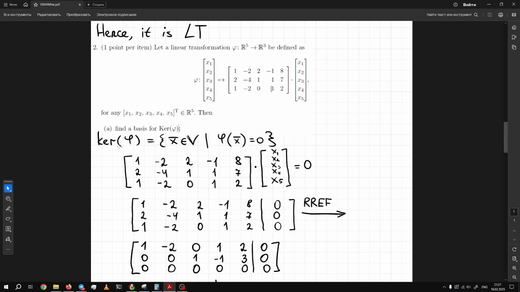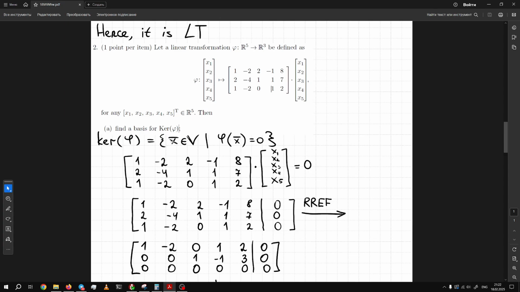If we have a linear transformation from space V to space W, then we can say that our kernel is equal to this set. Look, these brackets are representing the set.